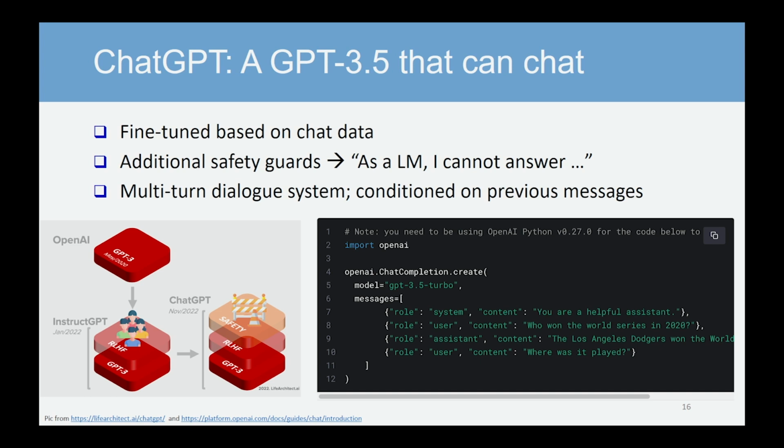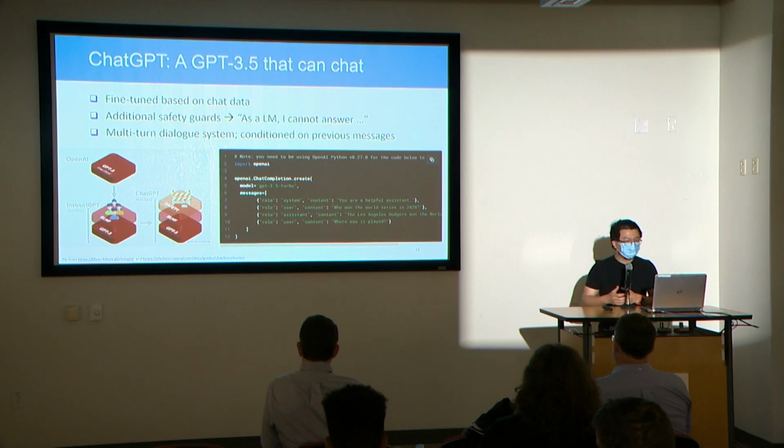You will find that it tends to give you a longer response and try to engage you in the conversation. And they also added additional safety guards, like you probably have seen many times, as a large language model, I cannot do something, right? This is something they added additionally. It's more like a classification model to tell ChatGPT, you should not answer these questions.